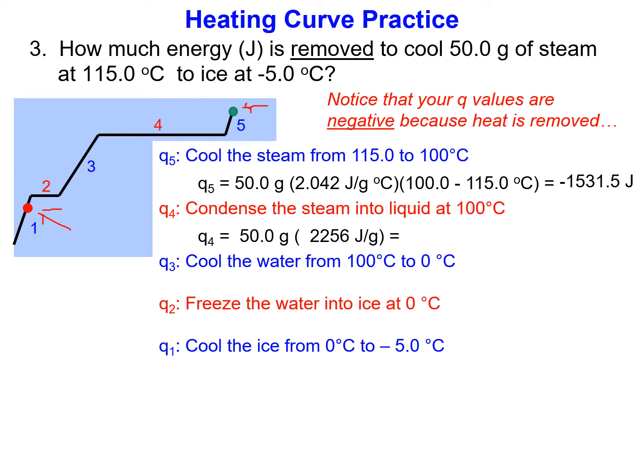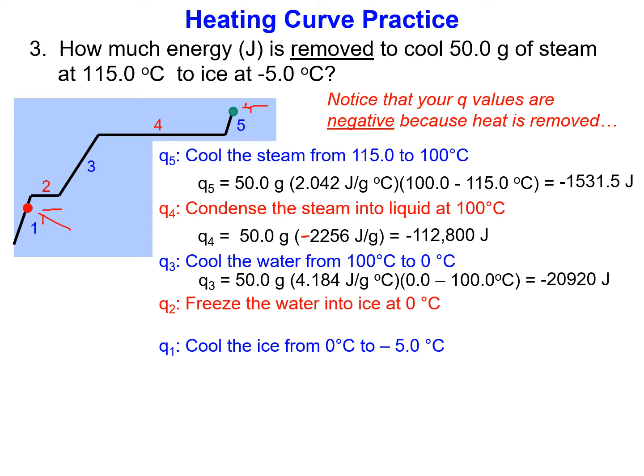When you condense the steam into liquid, this should be a negative because it's exothermic. When you're cooling water, again, you'll take your final minus your initial. That will give you a negative temperature, exothermic. When you're freezing the water, it's a minus because, again, it's an exothermic process. So all of these will be negative.